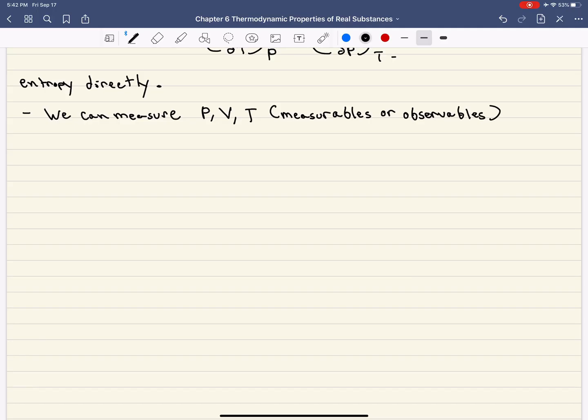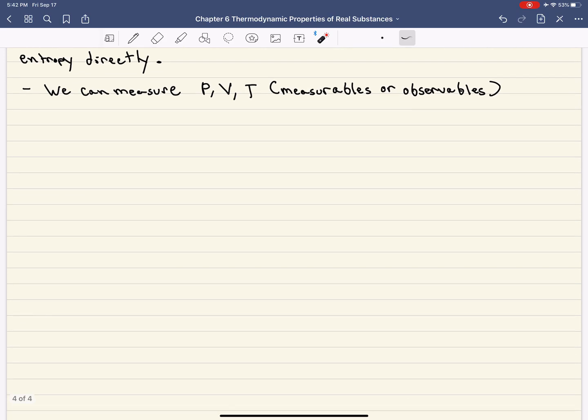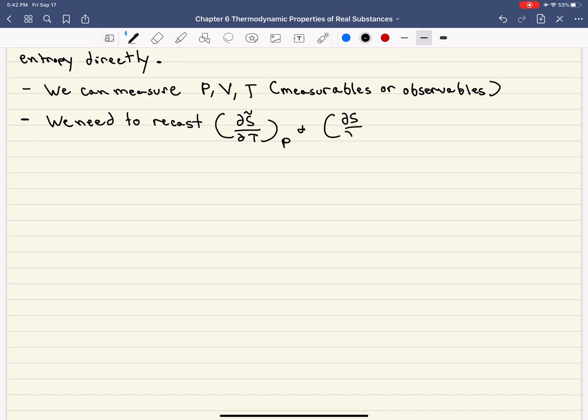To overcome this issue, where we need to find some way to actually measure dS/dT and dS/dP, the solution is we need to rewrite or recast dS/dT and dS/dP only in terms of stuff we can measure.